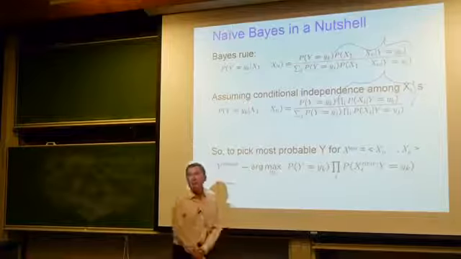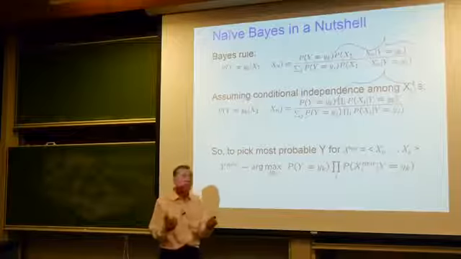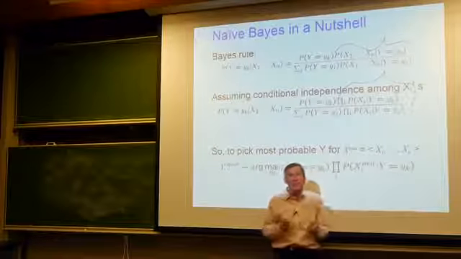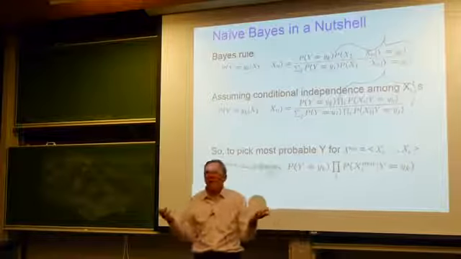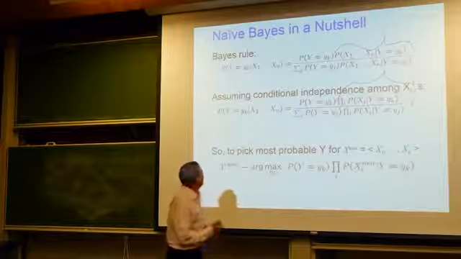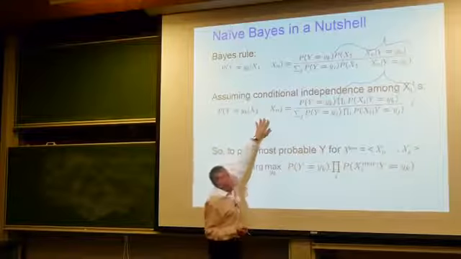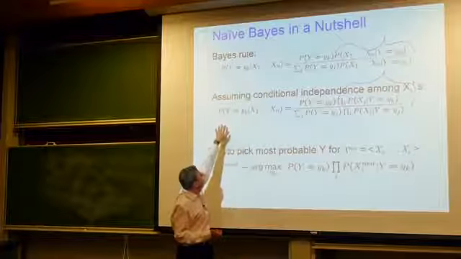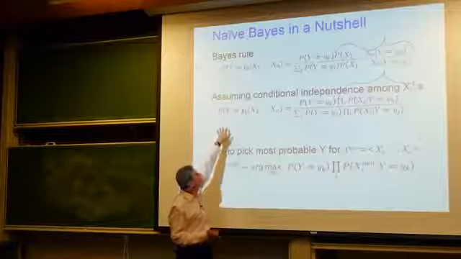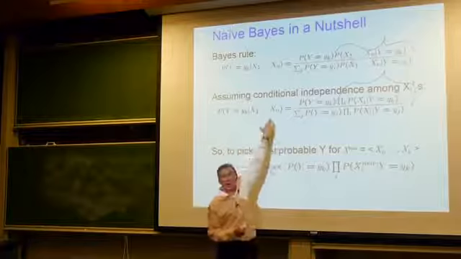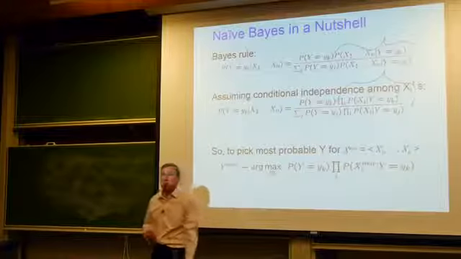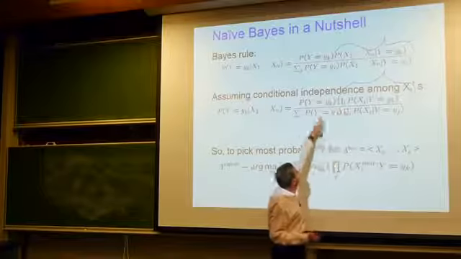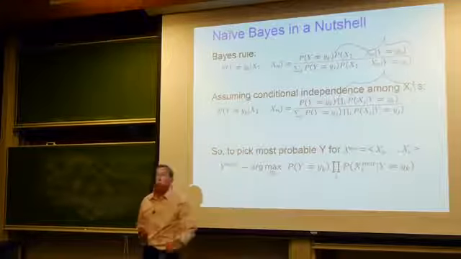And now, if I use my training data to learn those 2n plus 1 parameters, then given a new example, a new x1 through xn, I can predict not only y, I can tell you the probability that y equals 1 and that y equals 0 given that new x, just by plugging in the values that I observe for x and calculating this.